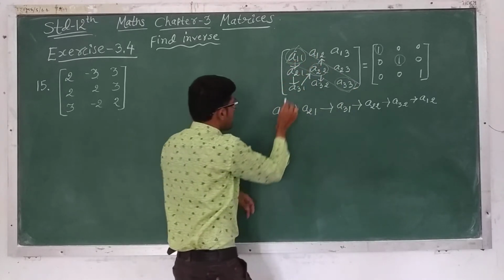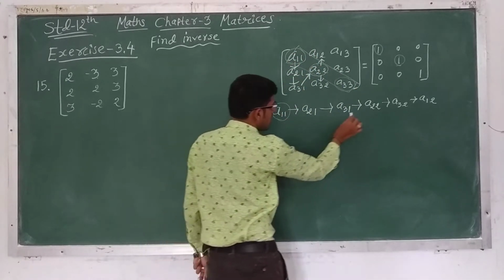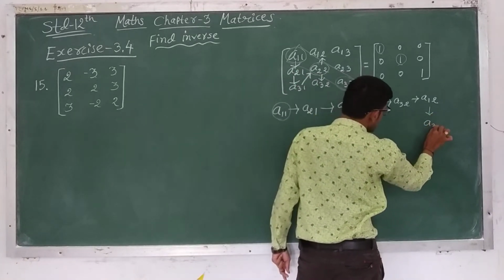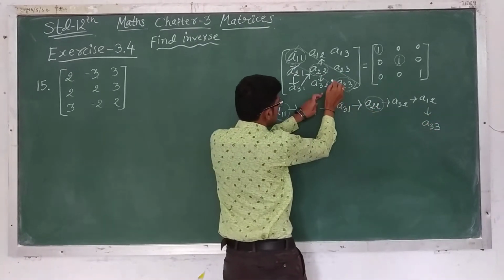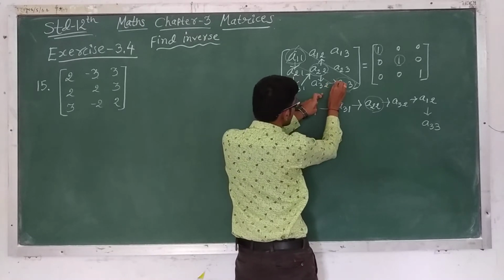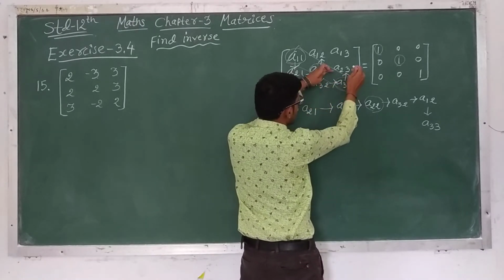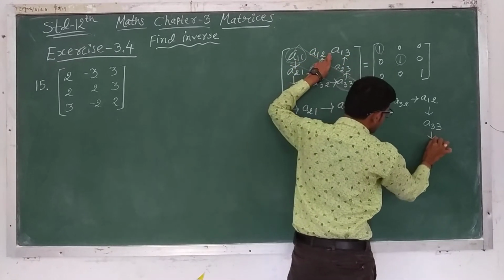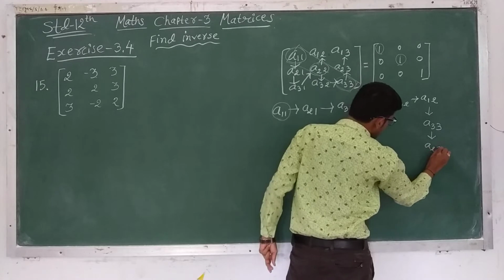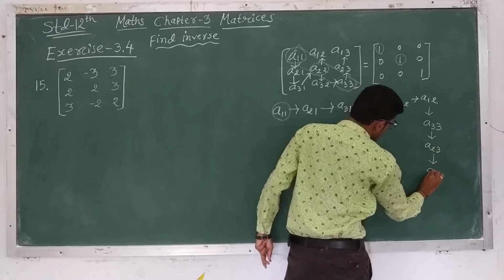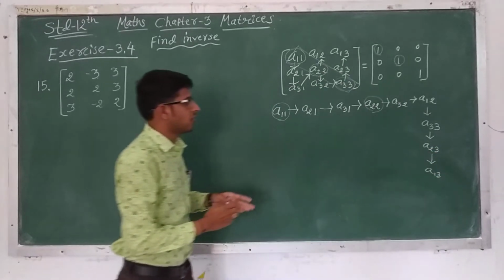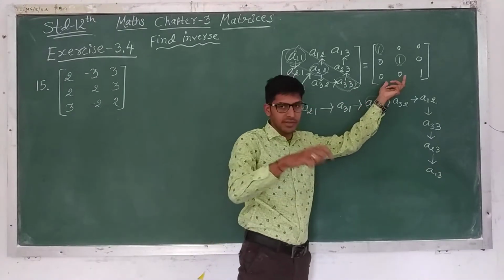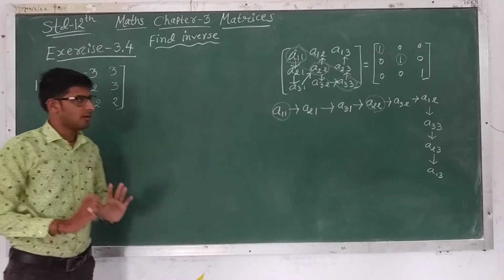So first we make a11 equal to 1, then a22, and next a33 equal to 1. Then we make the a23 and a13 elements 0, and a21 and a12 elements 0. We follow this pattern and get the identity matrix on our left hand side.